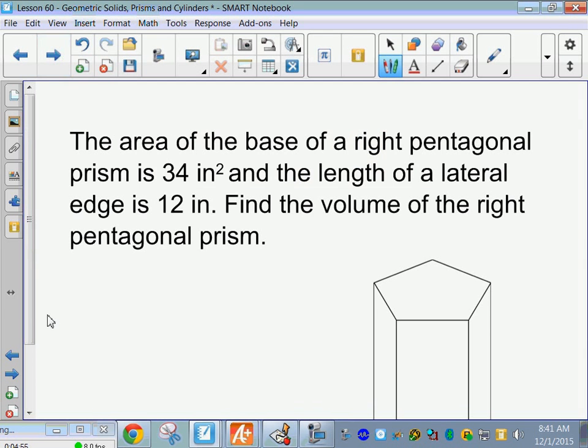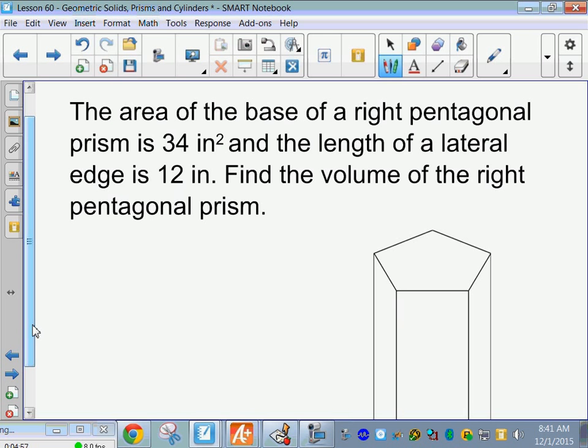All right, let's try a problem. The area of the base of a right pentagonal prism is 34 inches squared, and the length of the lateral edge is 12 inches. Right means it stands up straight. Pentagonal prism, so it has a pentagon base, 5 sides.